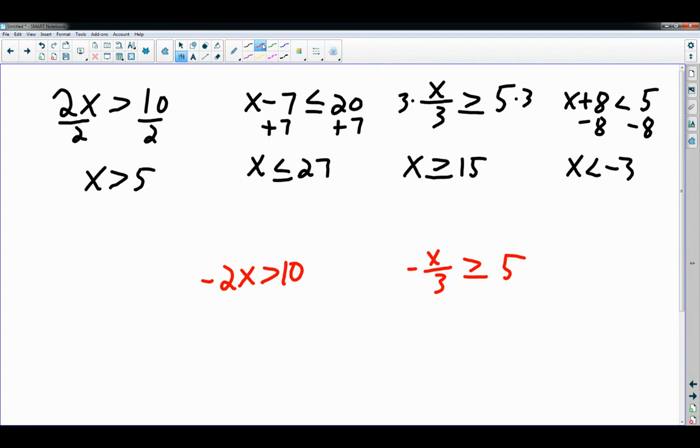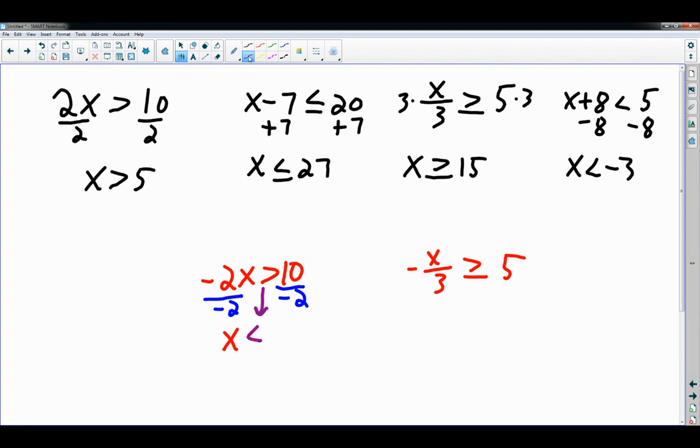is when you divide or multiply by a negative. So here, I'm going to divide by negative 2 and divide by negative 2. What happens is now we have x, and this red inequality here now has to flip.